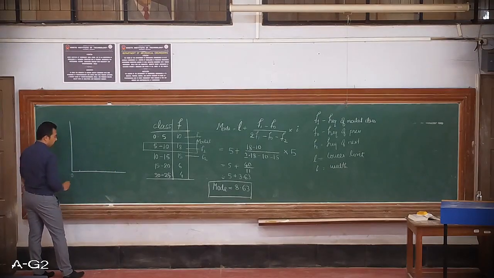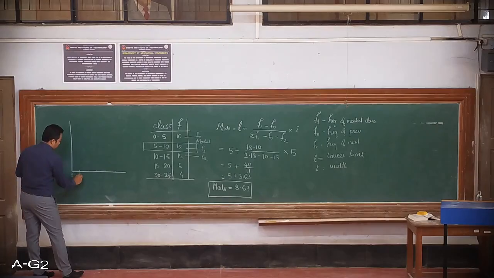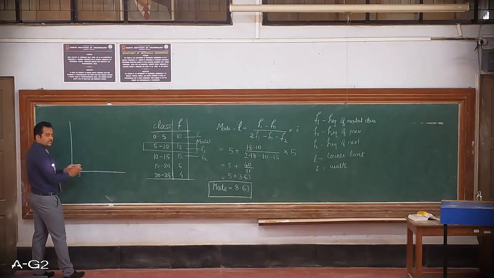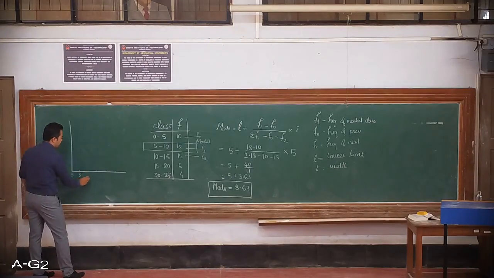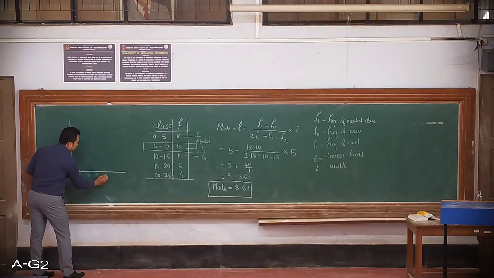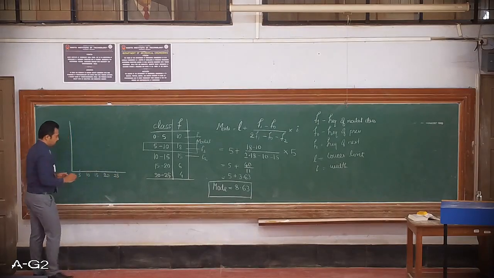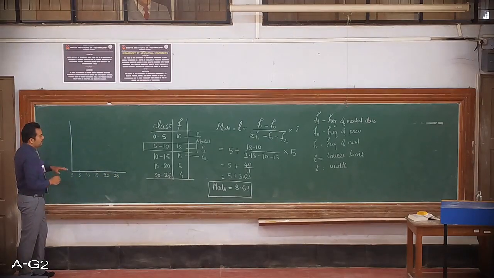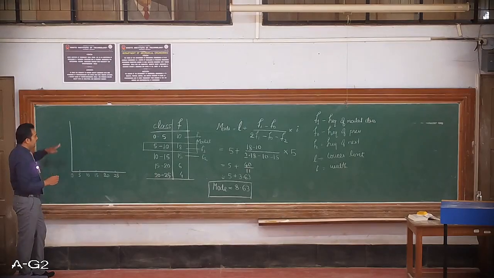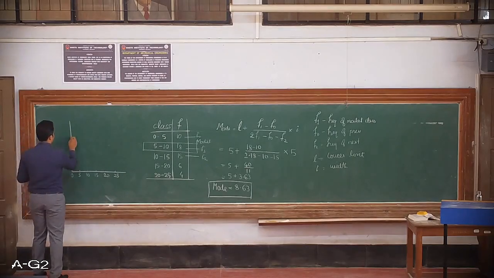So if this is 0, then by taking the same width of 1 centimeter each, okay, and then the frequencies we have got, the 18 is the maximum frequency.